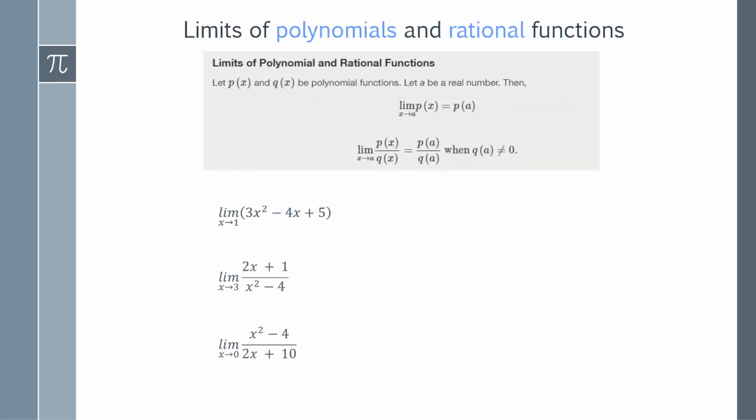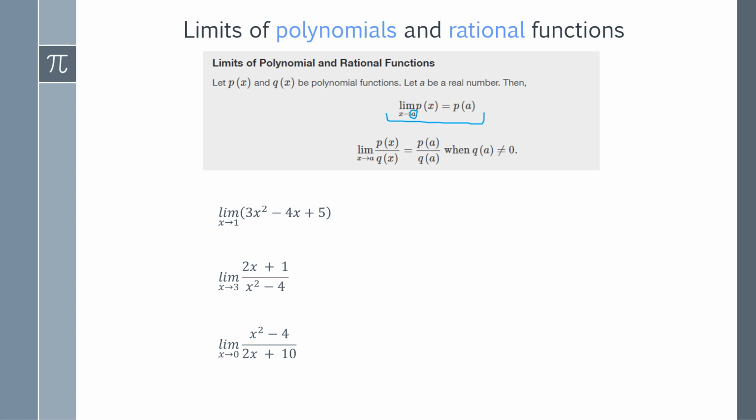Okay, the next set of problems will involve polynomials and rational functions. So here you have a rule that says if we're working with polynomial functions, then you can just evaluate that polynomial at the value of a. That's something that we have already done at the very beginning of the lecture.